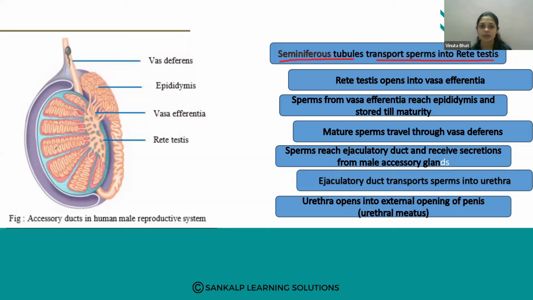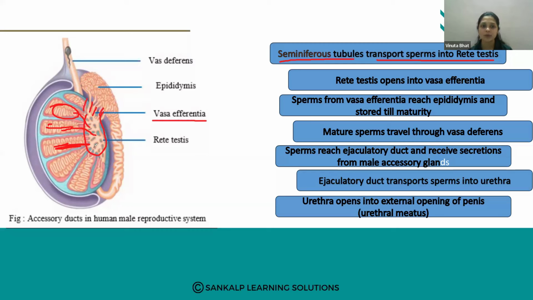Just imagine this is the seminiferous tubules. Inside the seminiferous tubules the sperms are produced, and these sperms are transported to the structure called the rete testis. The rete testis opens into the next structure called the vasa efferentia.